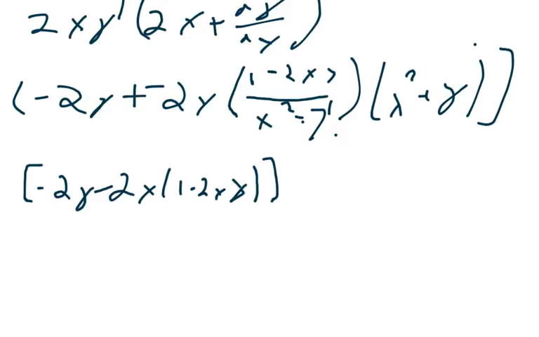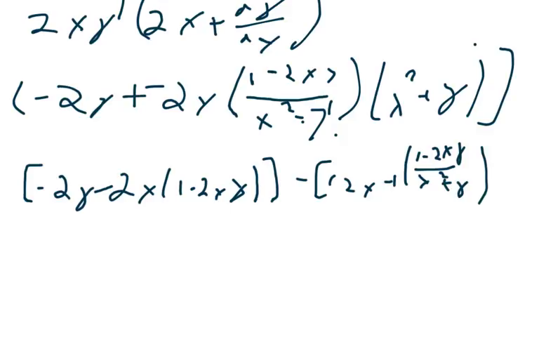Now for the second part, it is also substituted in to make it 2x plus 1 minus 2xy over x squared plus y, minus 4x squared y minus 2xy.